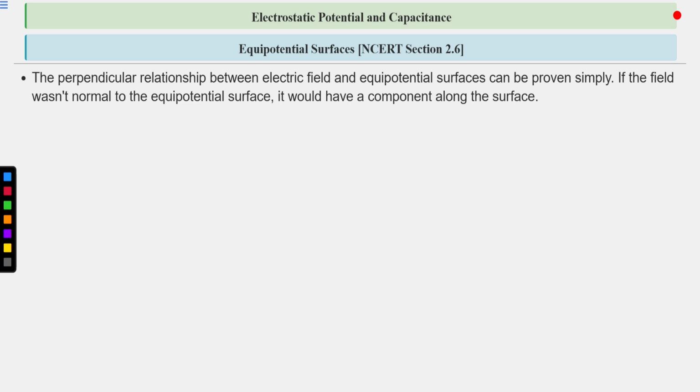If there is a component parallel to the equipotential surface, then our statement goes wrong. What we stated is that on an equipotential surface there is a constant potential all over the surface. But if there is a horizontal component along the surface, then to move a charge on the equipotential surface we will have to apply work against that component of the electric field.